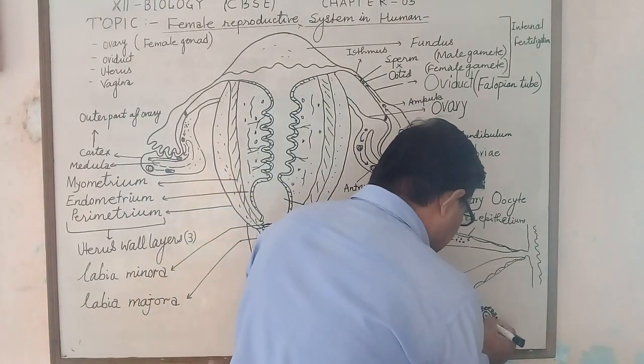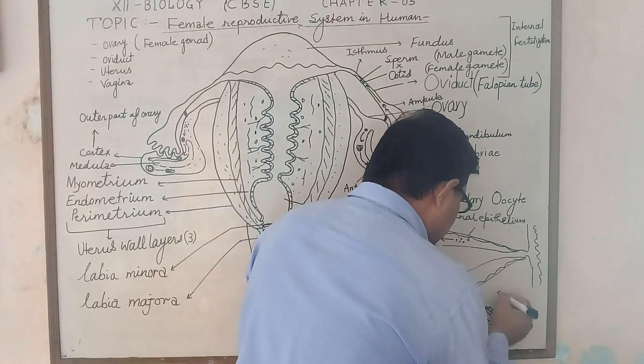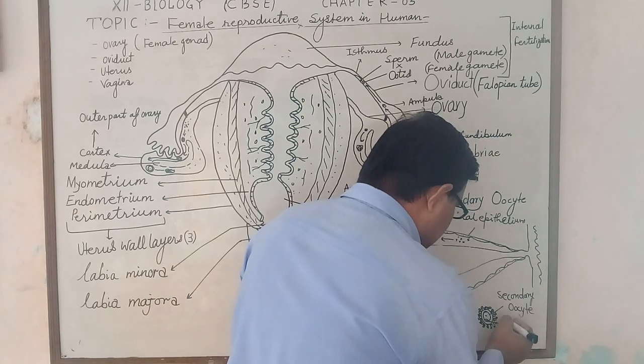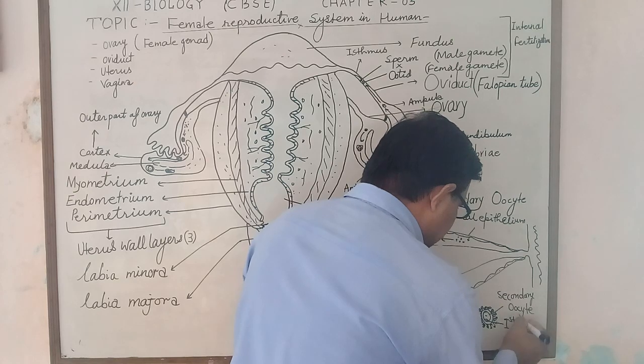After ovulation, there are two types of cells: one is the secondary oocyte and the other is the first polar body.